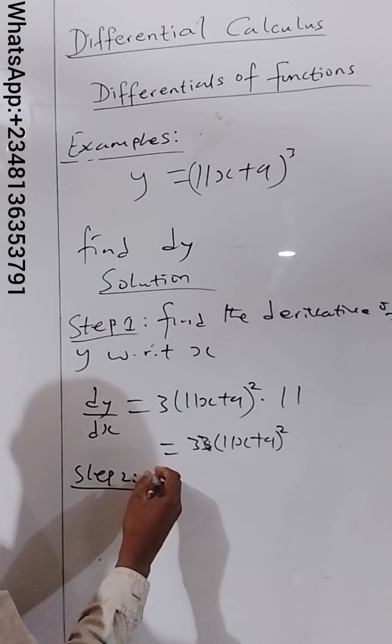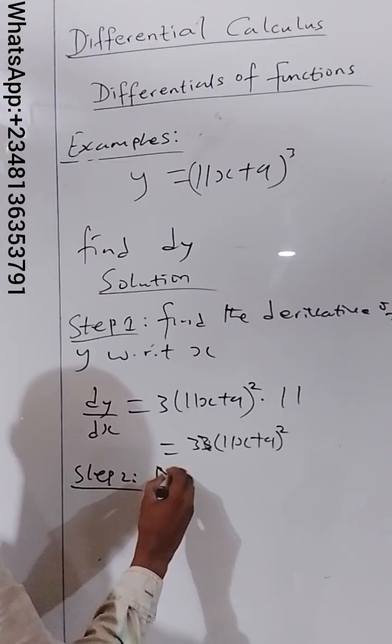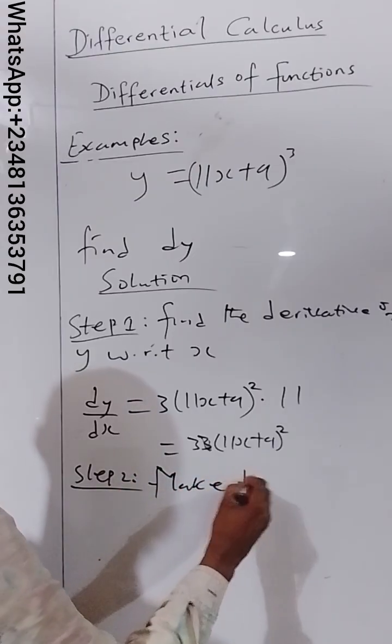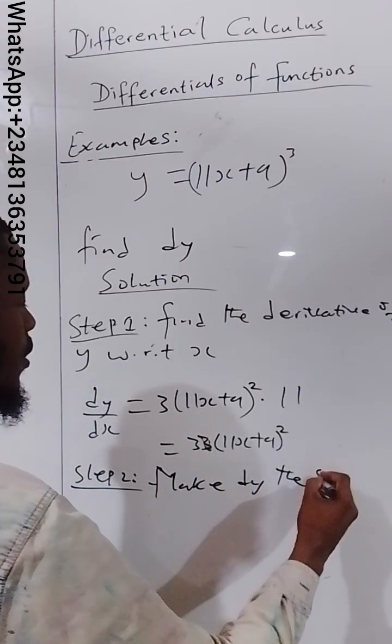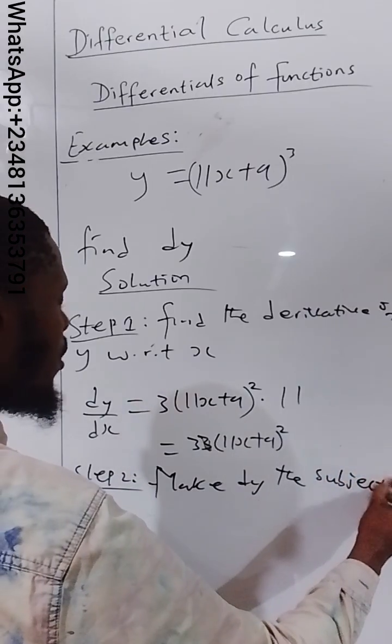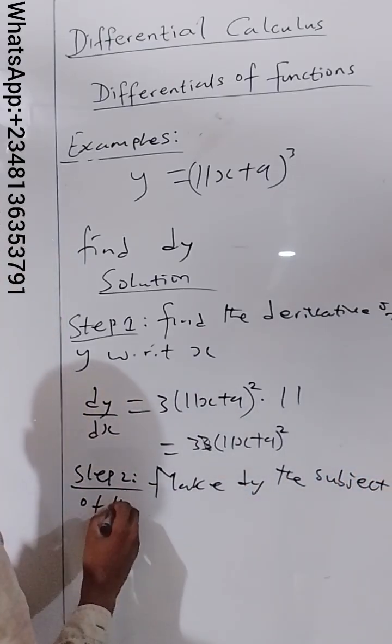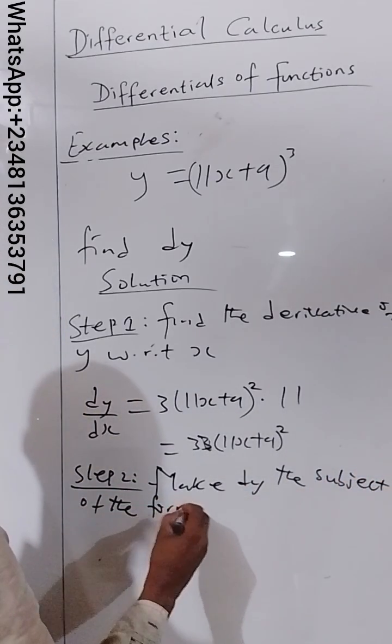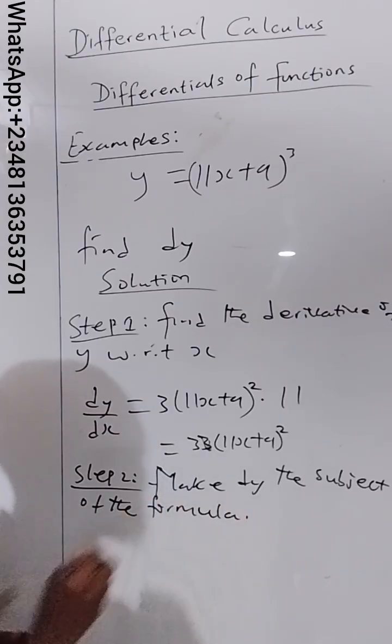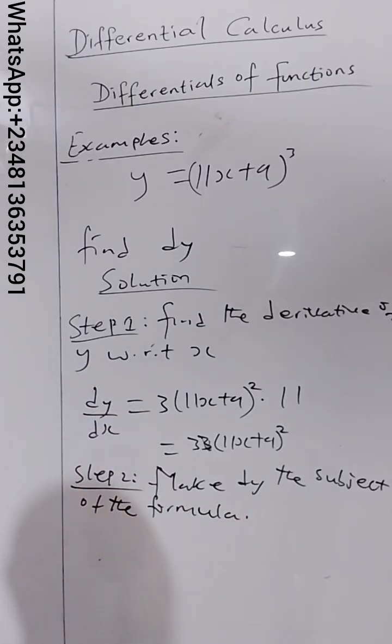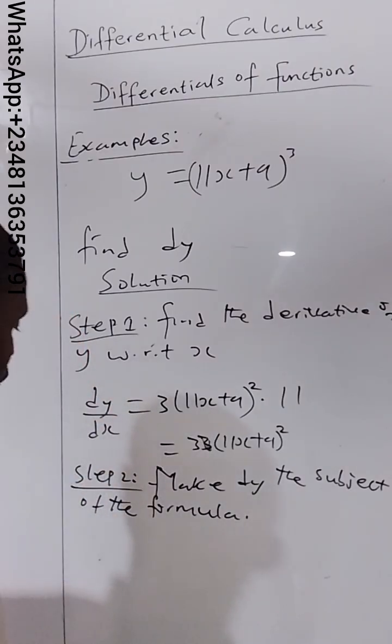What do we do? We make dy the subject of the formula. Why do we make dy the subject of the formula? It's because it is dy that represents the differential that we are trying to find.